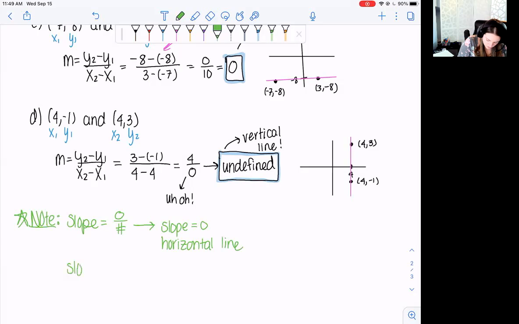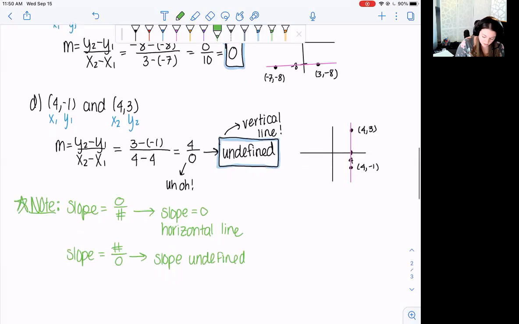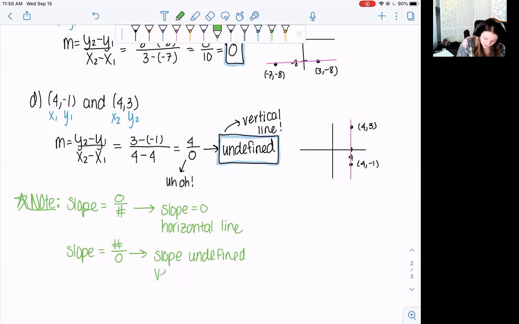If your slope is equal to a number over 0, then your slope is undefined, and you have a vertical line.